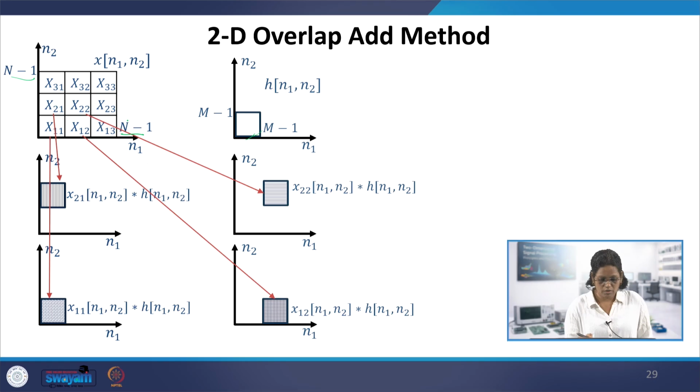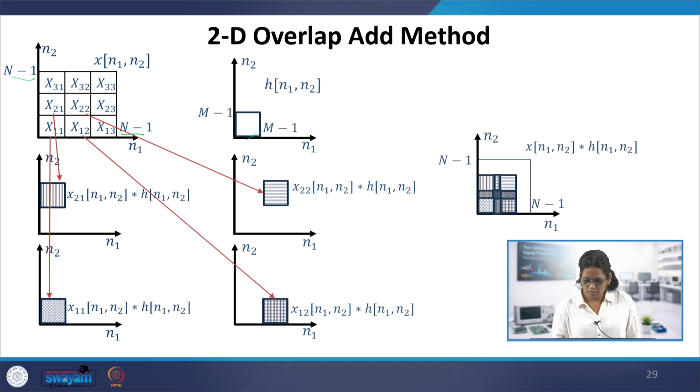Now after performing this, how do we make this a single image which is convolved? If you just put these in their positions, as we had seen in the overlapping case, m minus 1 samples are getting overlapped in the overlap add method in 1D. So this portion is overlapping. You can see the overlapping here, here, here, and here.